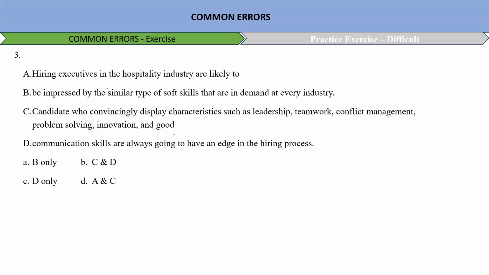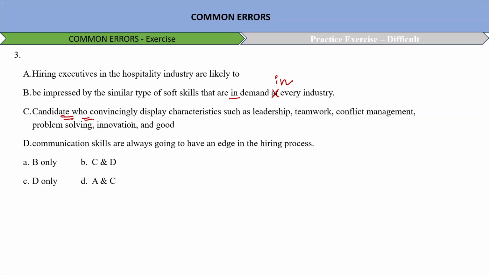Okay. You see, hiring executives in the hospitality industry are likely to be impressed by the similar type of soft skills that are in demand in every industry, not at every industry. Candidate who convincingly display characteristics such as leadership, teamwork, conflict management, problem solving, innovation, and good communication skills.